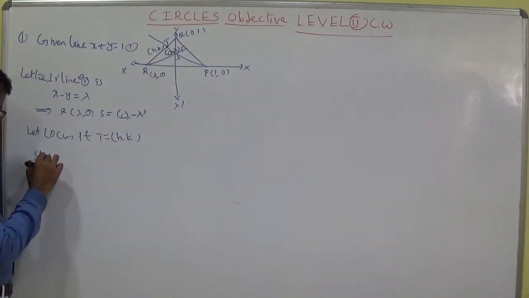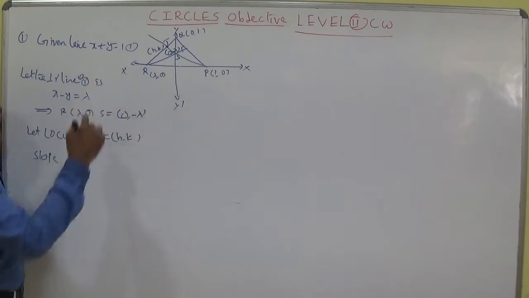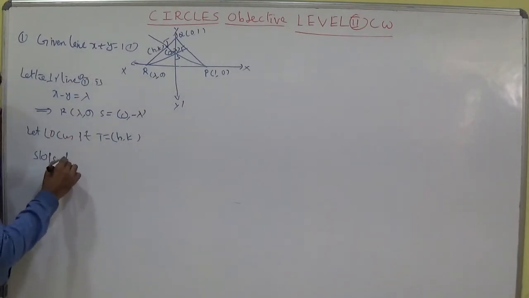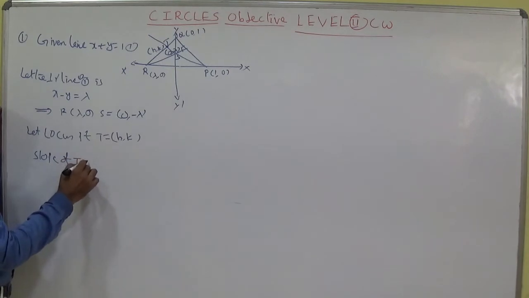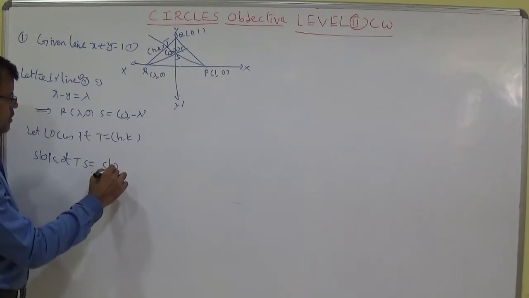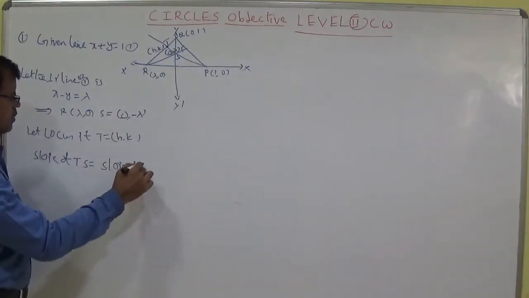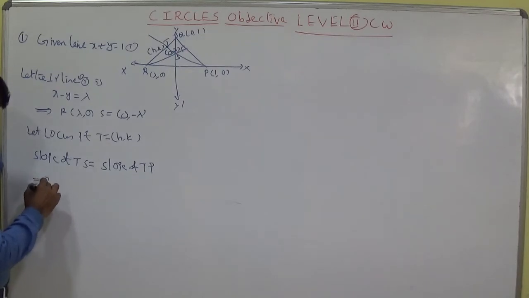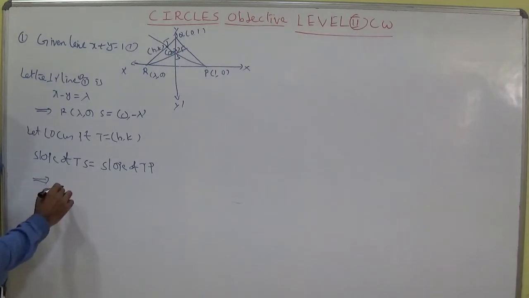Because here P, S, T are collinear and Q, T, R are collinear. Slope of TS you can write. Slope of TS is equal to slope of TP. Otherwise slope of TP equal to slope of PS, it is better.